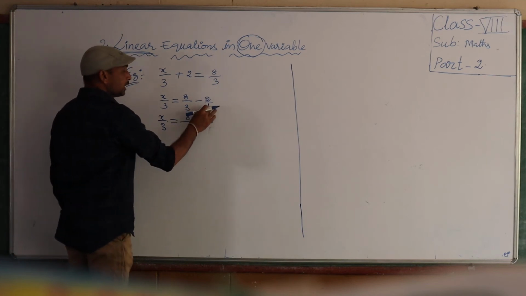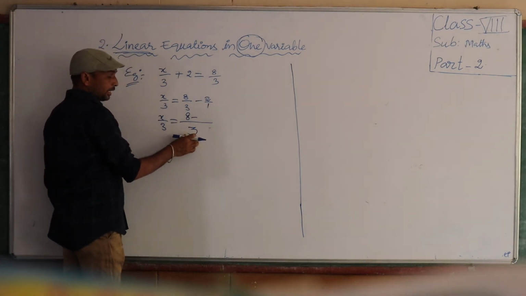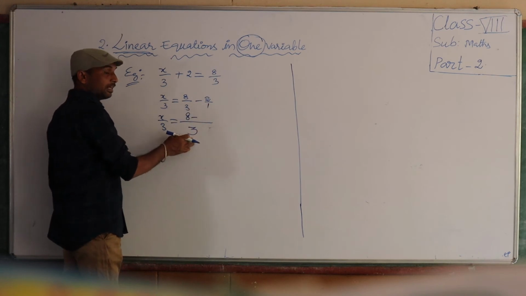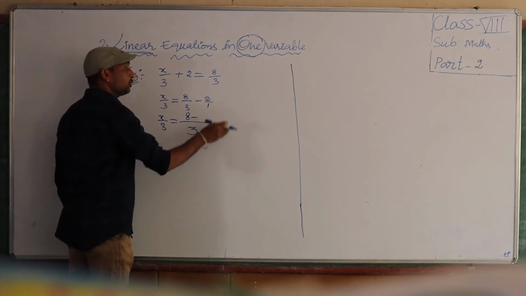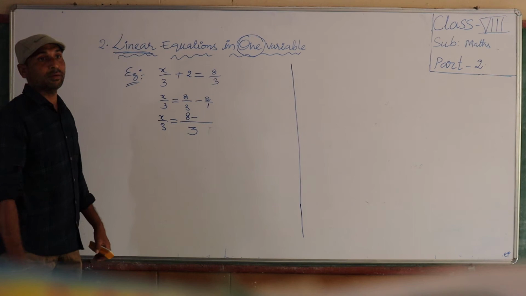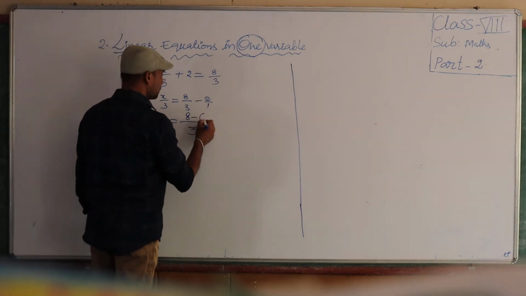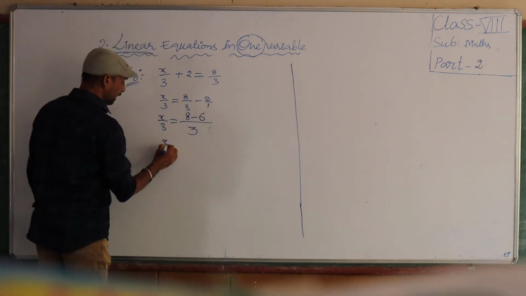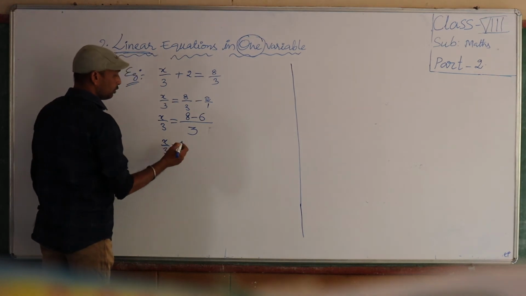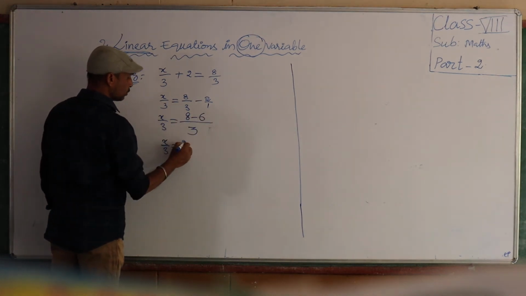With 1, how many times will we get this 3? 3 times. Again the 3 we should multiply into this numerator. 3 2s are 6. Then x by 3 is equal to 8 minus 6, 2 by 3.